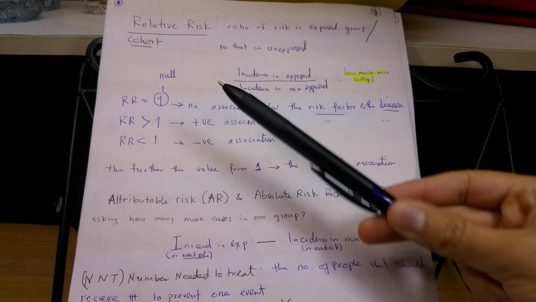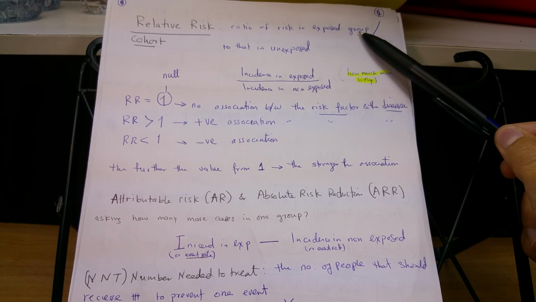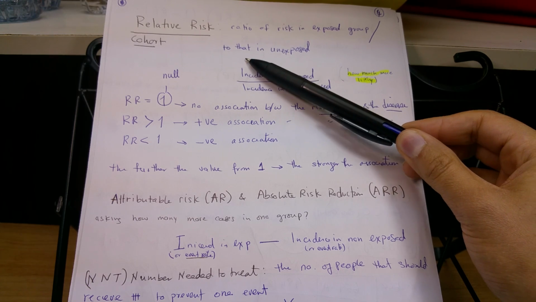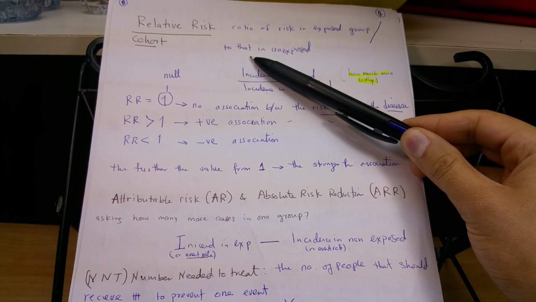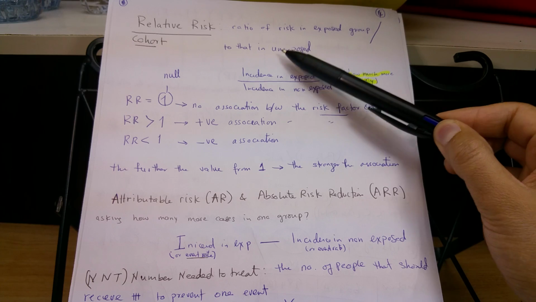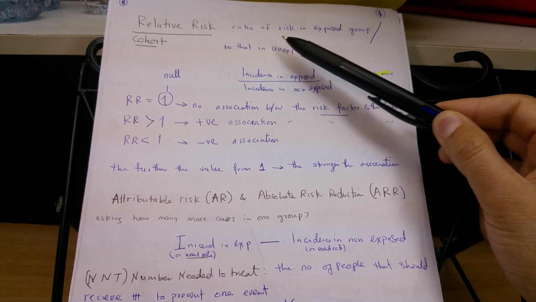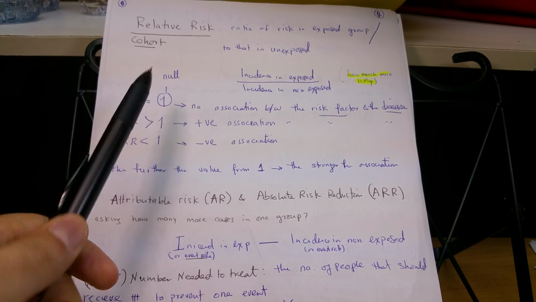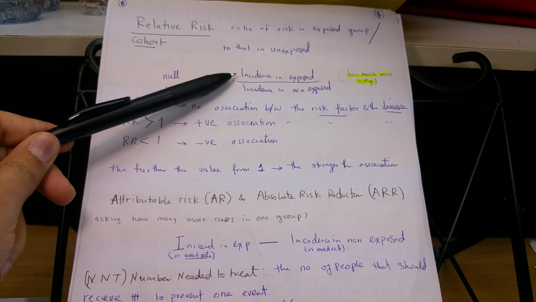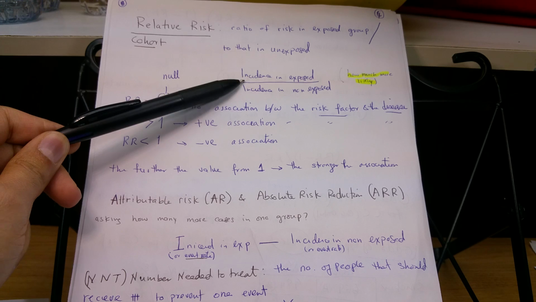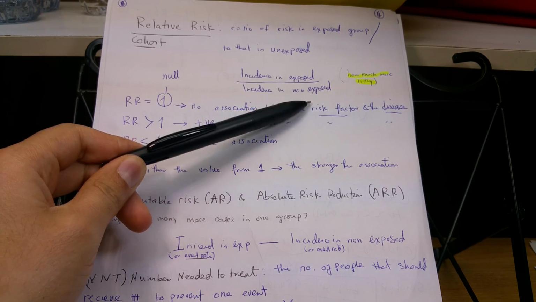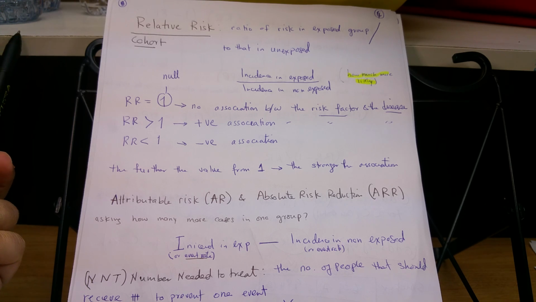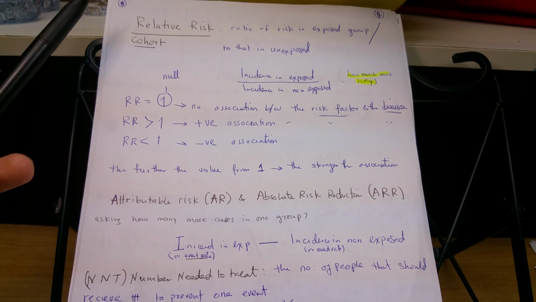It's the risk in the exposed group divided by the risk in the unexposed group. This is the formula that you have to know: incidence in exposed divided by incidence in non-exposed. We're asking how much more likely there is a risk.